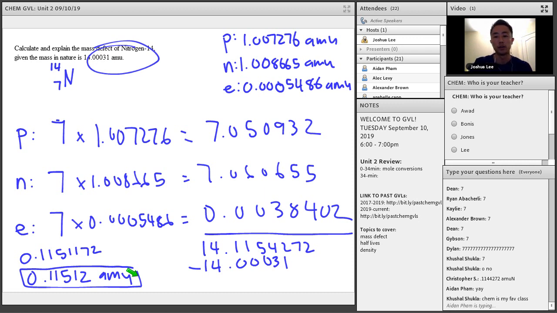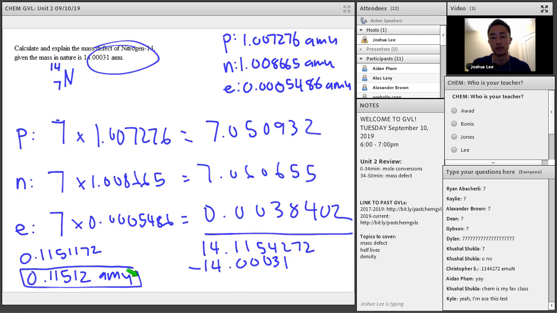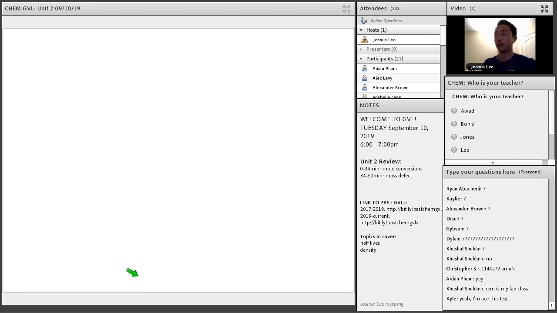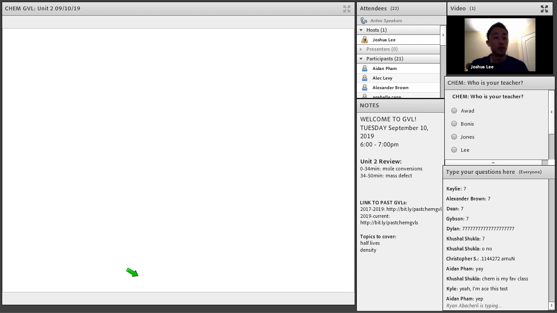So, good. So that's mass defects. 15 minutes we talked about mass defects. Next, half-lives. Half-life problems. I have to think of half-life problems. The usual ones that you'll see are just figuring out how much is left.